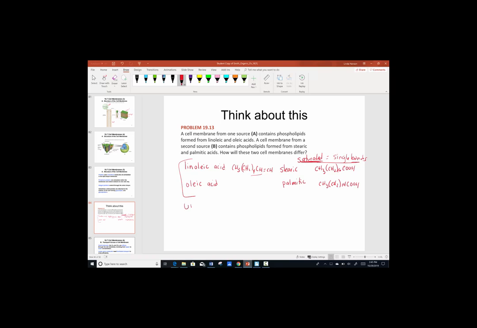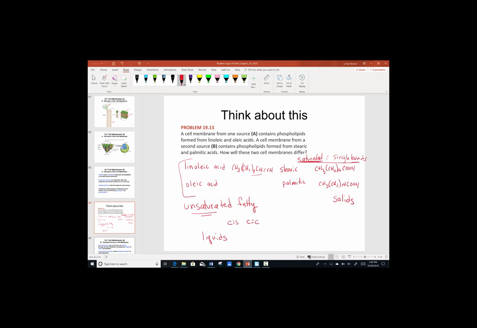You looked at that and said these were unsaturated fatty acids, and that's key because unsaturated fatty acids with those cis double bonds are liquids at room temperature, and saturated fats are solids at room temperature.